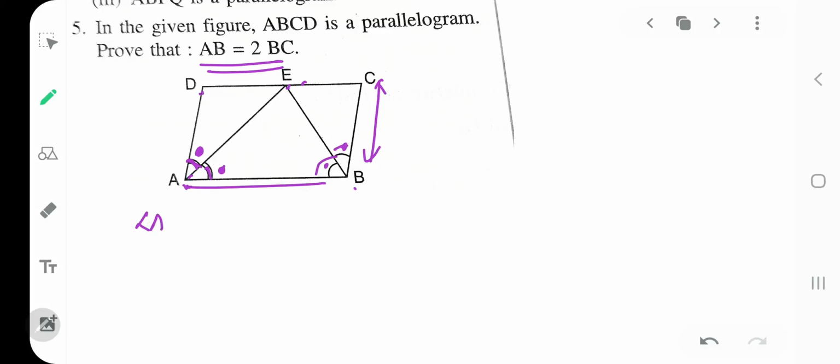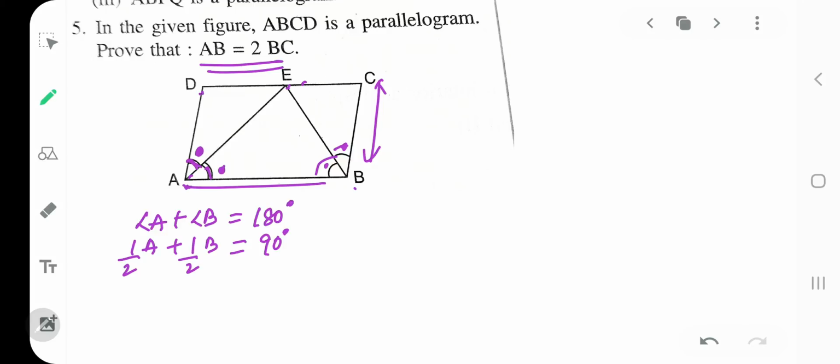Do you know angle A plus angle B of a parallelogram will be equal to 180 degrees? Because they are the co-interior angles, the adjacent angles are co-interior angles. So can I say half of angle A plus half of angle B will be equal to half of 180, that is 90 degrees. Got my point clear?